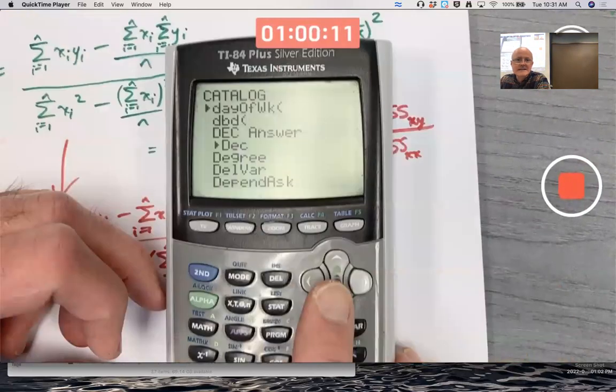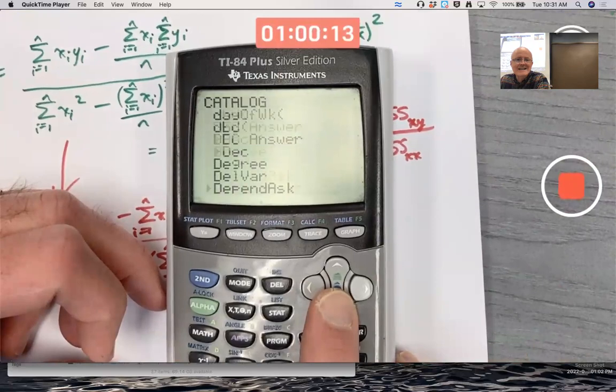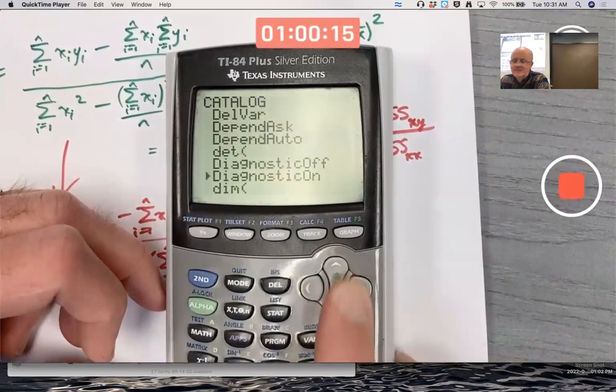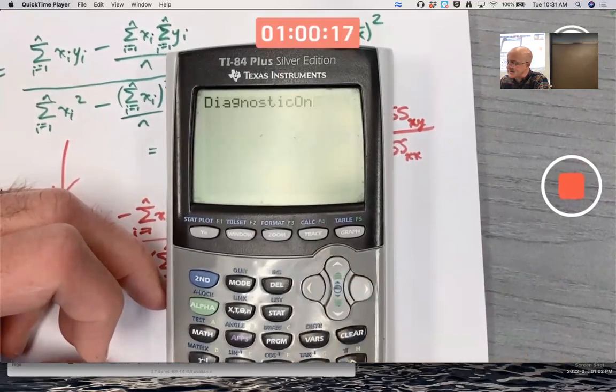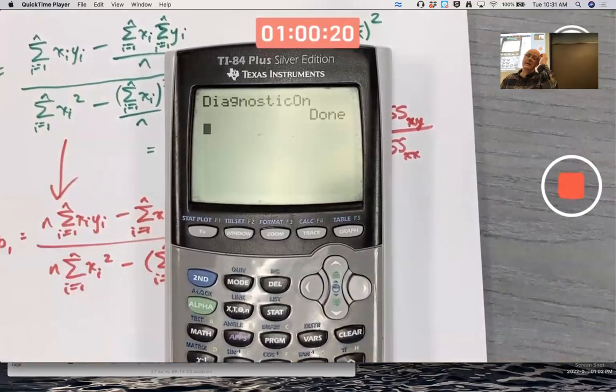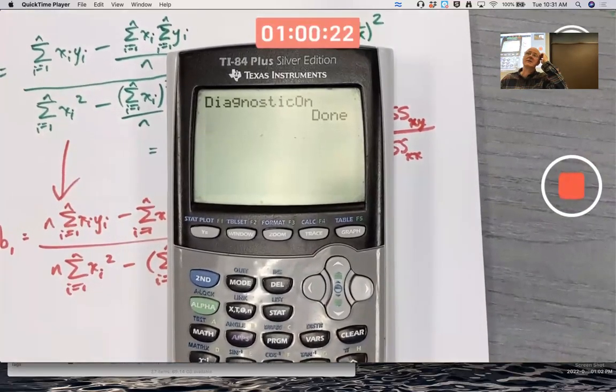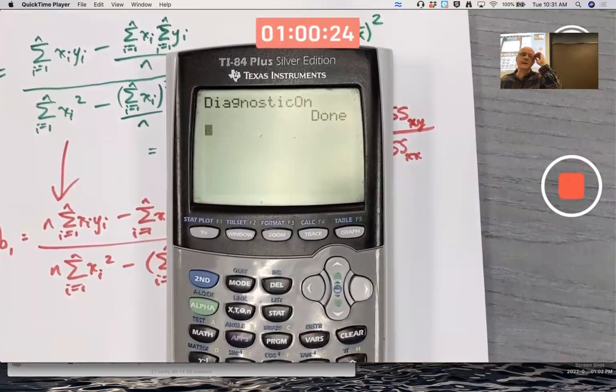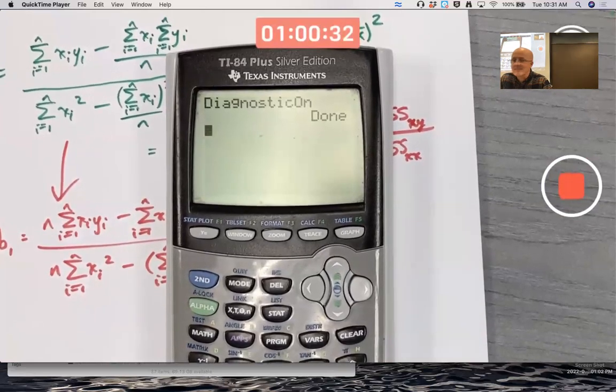To the D's, and look for diagnostic on, and enter that, and it'll say done, hopefully. And then when you go back to lin-reg, it should show the correlation and R and R squared as well. Why you have to do that, I don't know. It's like, why not just make that the default? I don't get it. But hopefully that works. Let's move on to a spreadsheet.